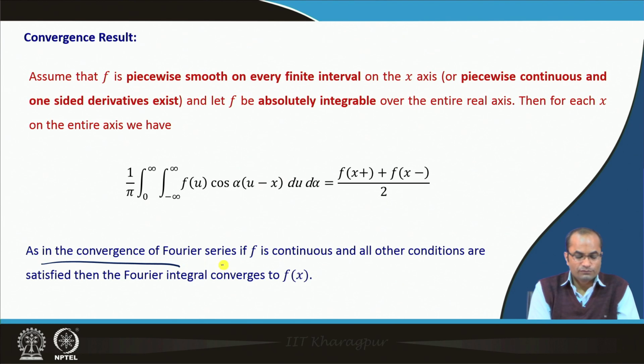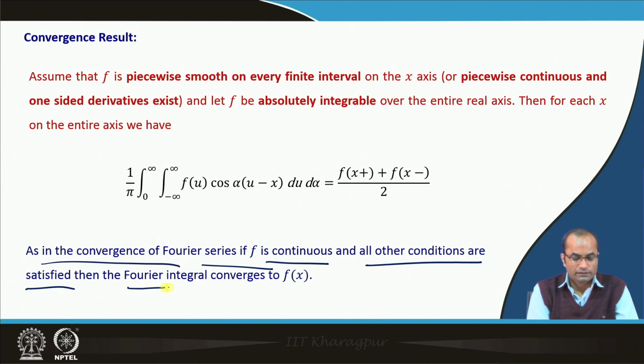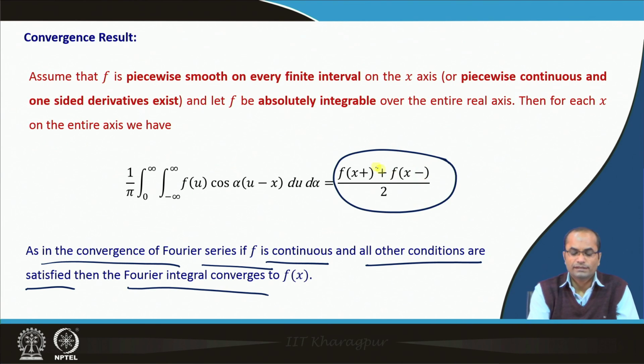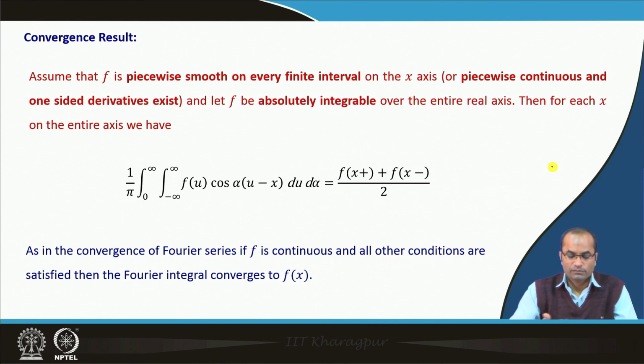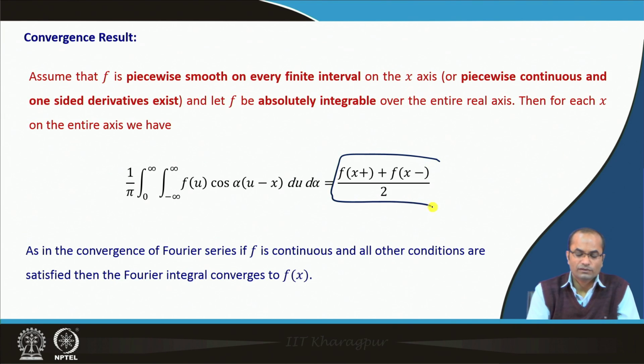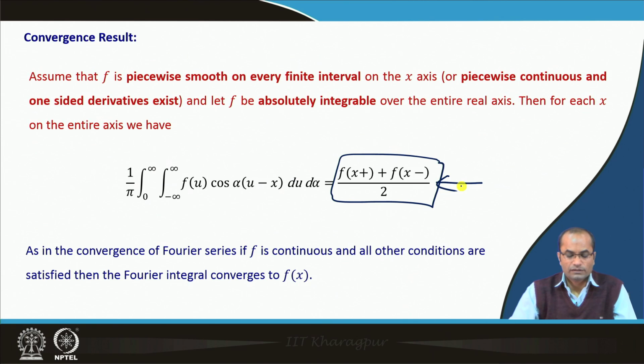As with the convergence of the Fourier series, if f is continuous and all other conditions are met, then the Fourier integral converges to f(x). Obviously, if f is continuous at some point x, then this will be equal to f(x) for that point x. So, that is again similar to what we discussed for the Fourier series. If the function is not continuous, then we take the average value. If the function is continuous, this becomes the function value itself.